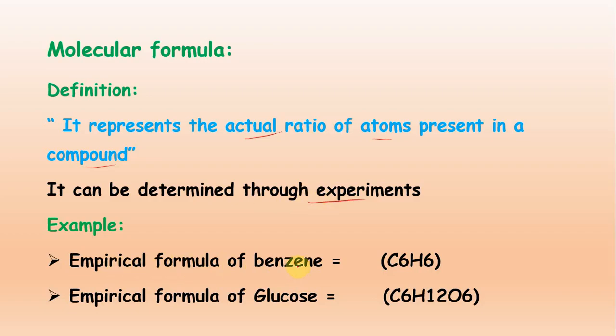For example, the molecular formula of benzene will be C6H6. Oh sorry, I said empirical formula, but this will be the molecular formula, right? This will be the molecular formula of benzene, and the molecular formula of glucose will be C6H12O6.